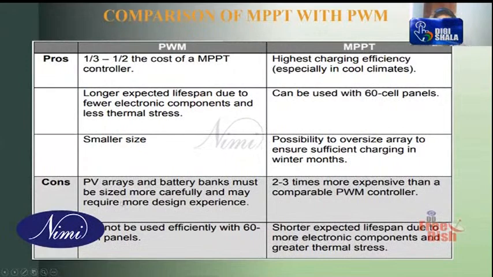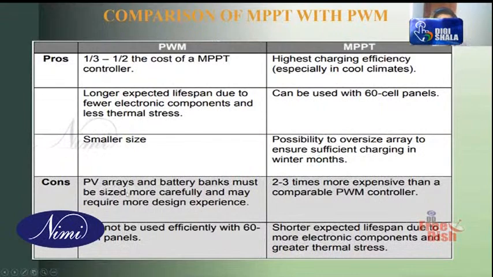Okay, so sizing. What is the meaning of sizing? Sizing means designing. If you want to install a plant, you have to decide what type of inverter you require, what type of batteries are required, how much capacity is required. That process is called sizing. In the solar PV system, we use the word sizing.